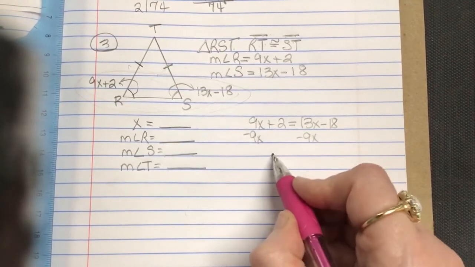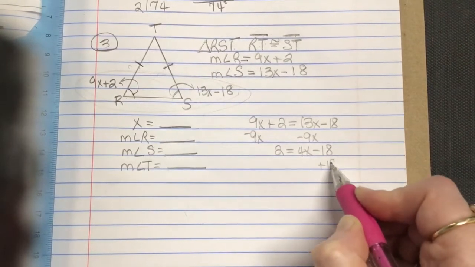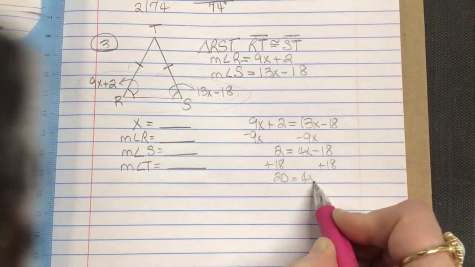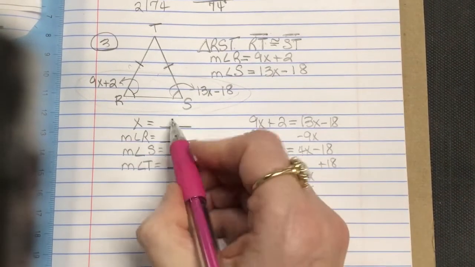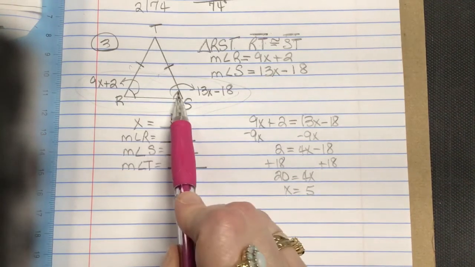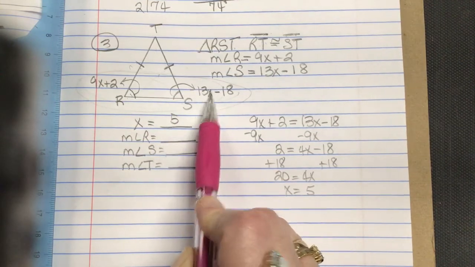Subtract the 9x, add the 18. Am I on screen? Yeah. And x is 5. Now this is a good question. If these are the same, then I can put 5 here, or I can put 5 here.